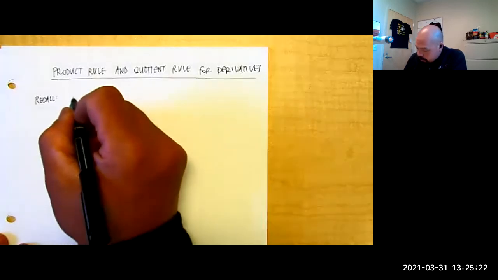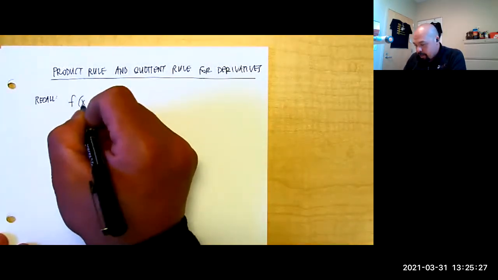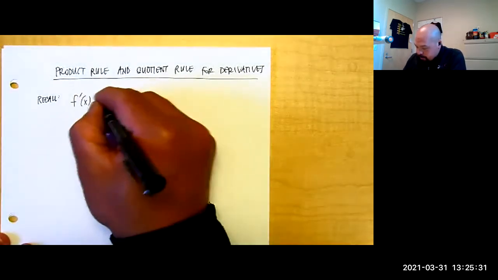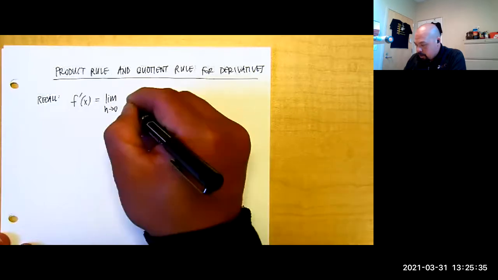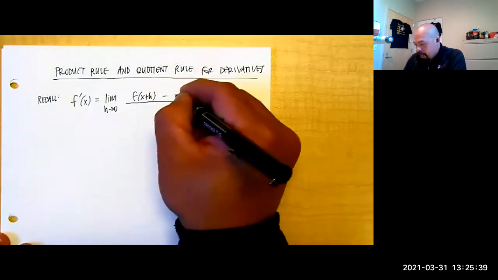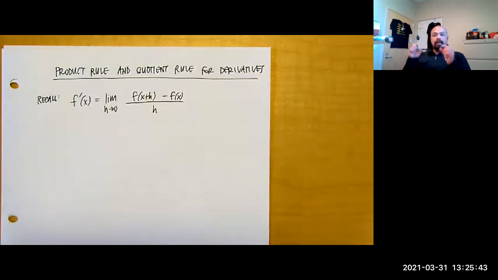If we have our function f of x, when we take that derivative, f prime, it's going to be the limit as h goes to 0 of that difference quotient, f of x plus h minus f of x, all over h, right? Letting those points get closer and closer, we find the slope of our tangent line, right?